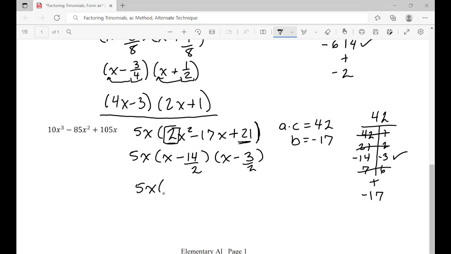So 5x, still there. 14 over 2 becomes a 7. 3 over 2 cannot reduce down, so I can just take my denominator here and move it to the front of the x. So it becomes 2x minus 3. And this is the factored form of this trinomial.